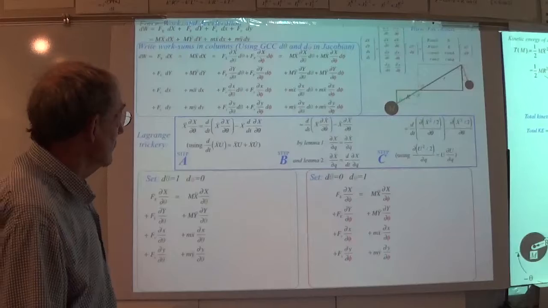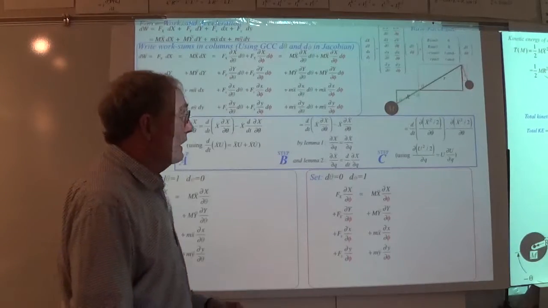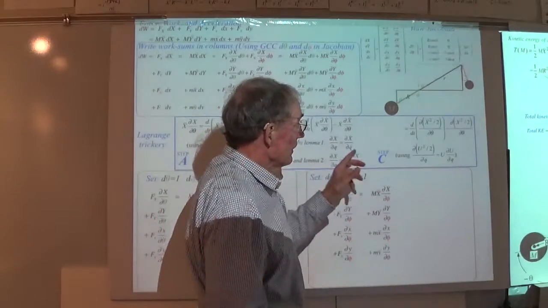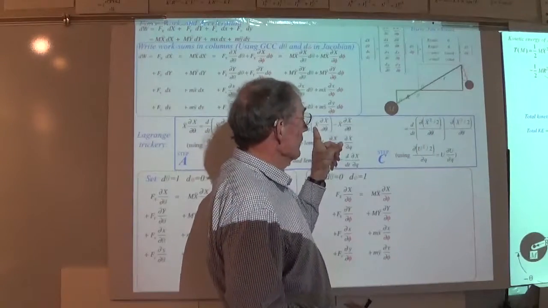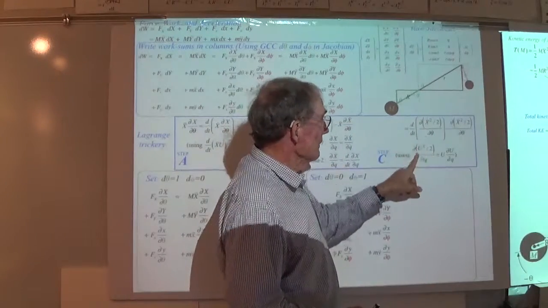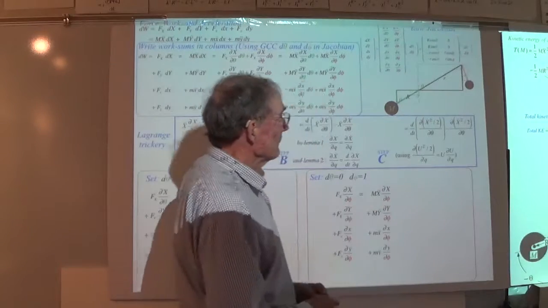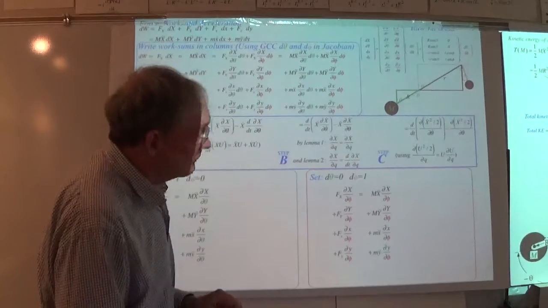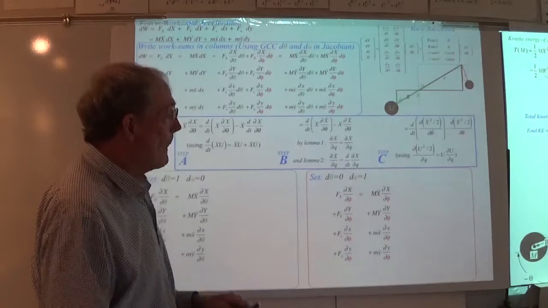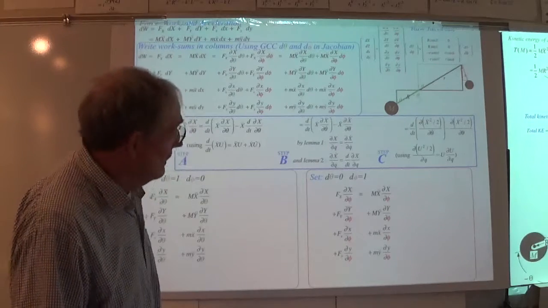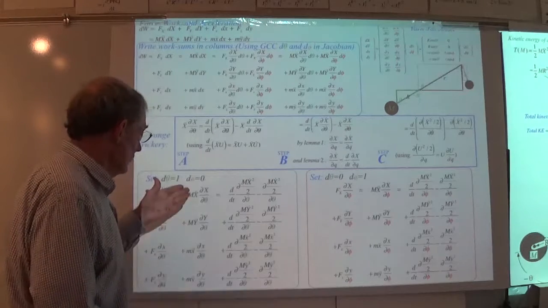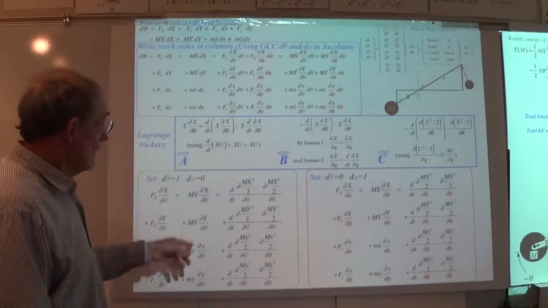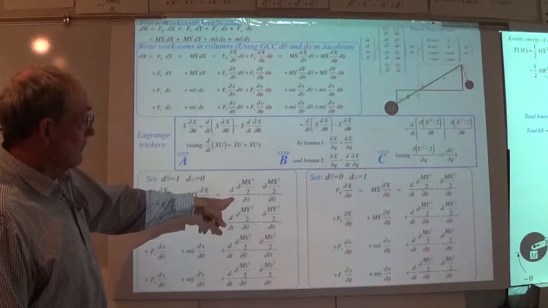So step C of the Lagrangian trickery is to realize that I can write this guy right here, and this guy right here, using that. Okay. Another product derivative, but a pretty simple one. Okay? So that lets us replace every one of those Cartesian expressions with this.